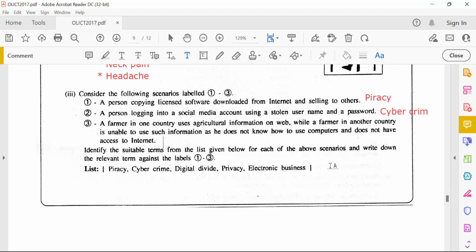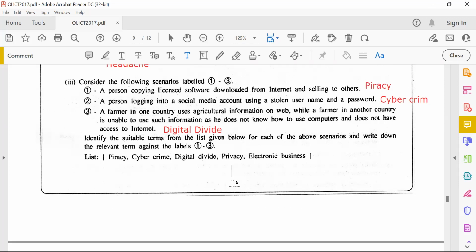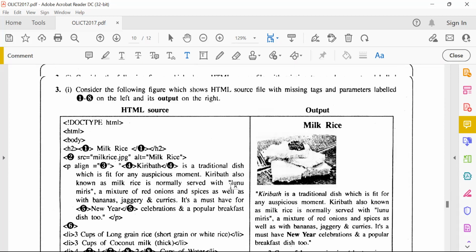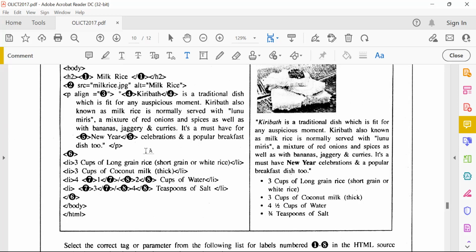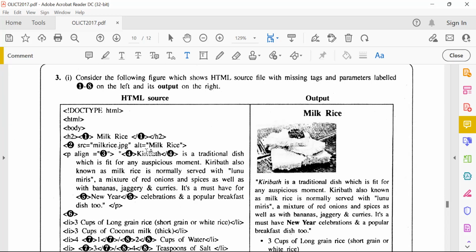Use the term what? Yes, digital divide. Right. Let's provide me the answer for the third one. I have already sent you the document.